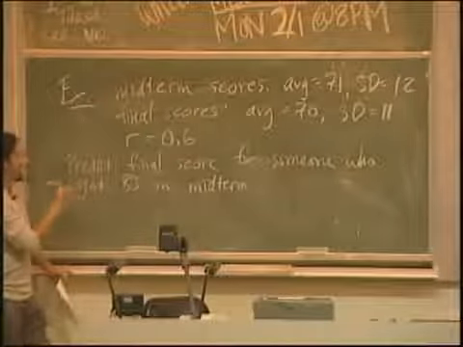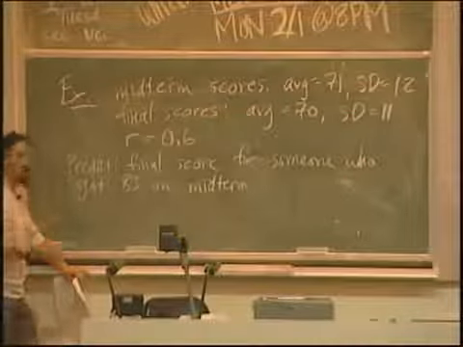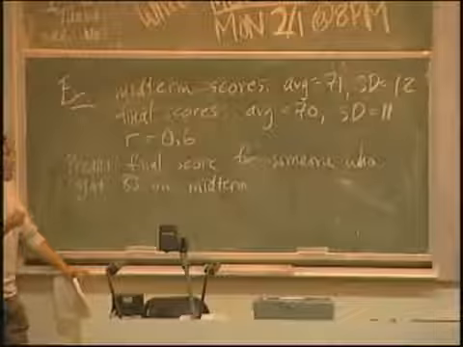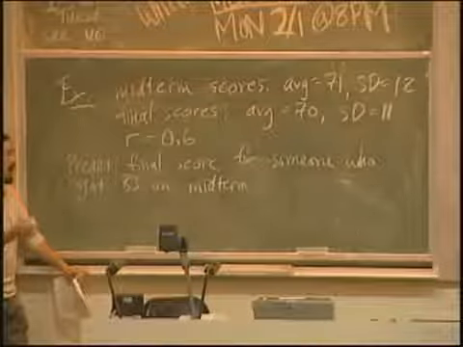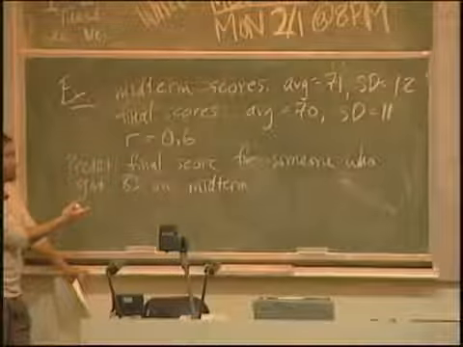One way you might think about this prediction process, and I've tried to say this in different ways a couple times: a good prediction would be the average final score corresponding to everyone who got an 83 on the midterm.